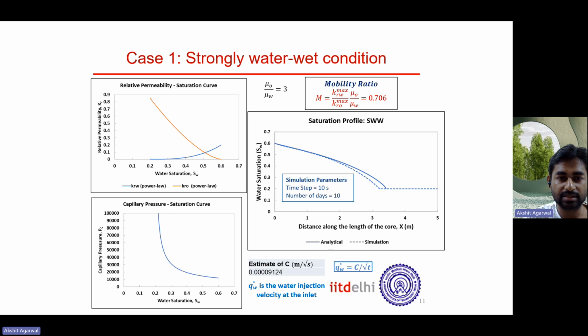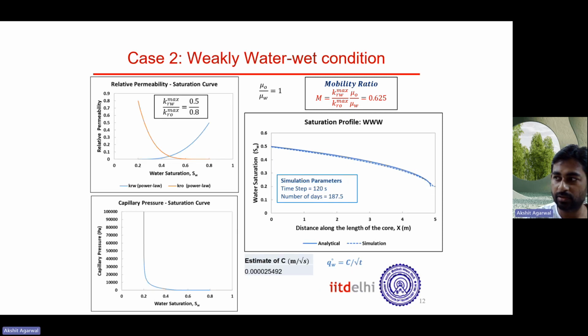This is done for 10 days, and we can also see that Qw0 is the water injection velocity at the inlet. This is calculated using C, which is generally used in simulation, and C tells how fast the spontaneous imbibition takes place.